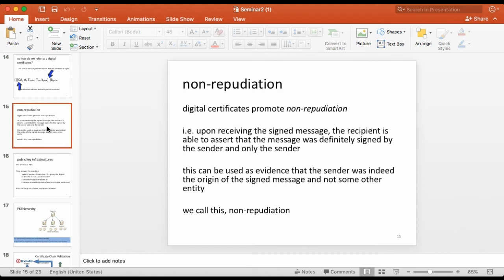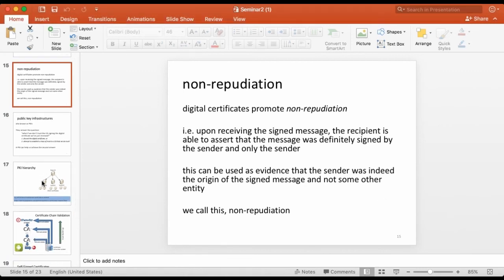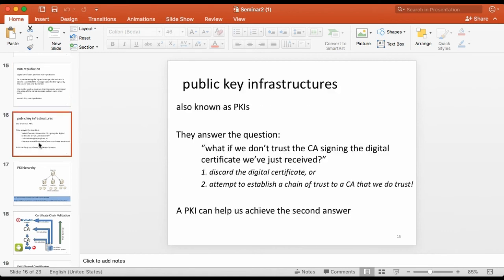So if the subject was ever sending you a signed message, and that message was accompanied by their certificate, or even if it wasn't accompanied by the certificate, as long as you can obtain this certificate, you can then establish the fact that the subject did indeed sign that message, because with this certificate you can establish that they own the public key that can validate the signature on the message, and the signature, of course, would have been generated using the private key for that subject.